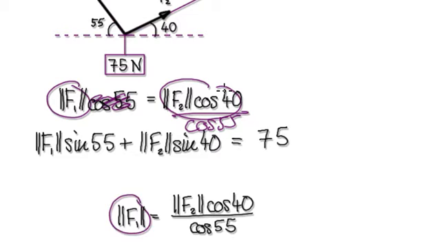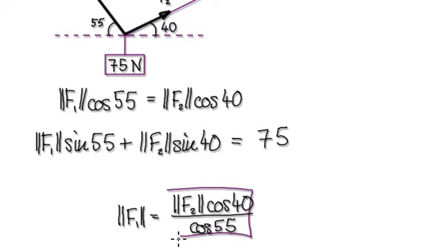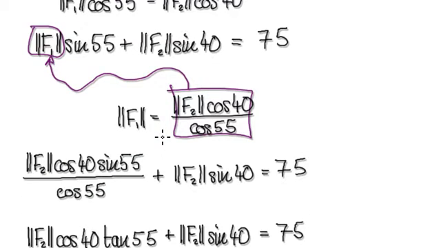So f1 here equals this thing here. Now we can put this whole thing into f1 to work out f2. This is us solving simultaneous equations.